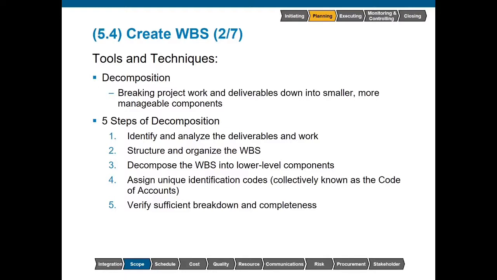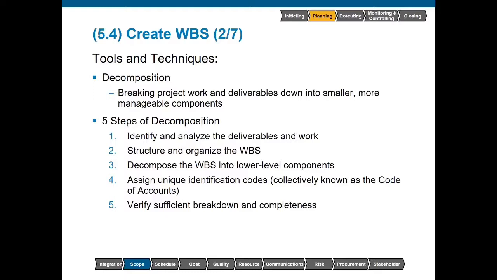From here, we will decompose the WBS into lower level components. So we're going to start with the deliverable up top, and then we will break it down to categories, subcategories, and keep going from there. We will assign unique identification codes. It's called a code of accounts. With these unique identification codes, typically they're numeric. However, sometimes it may be alphanumeric. So it may be 1.3.5 or it could be 1.b.2 or something along those lines.